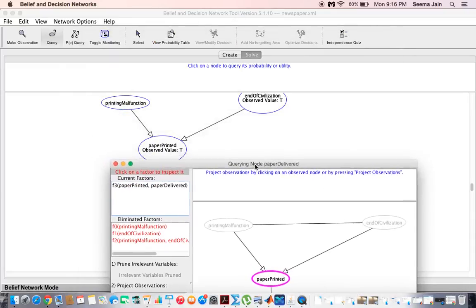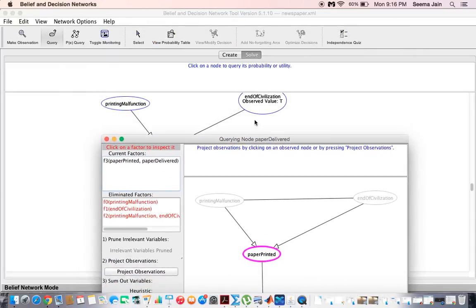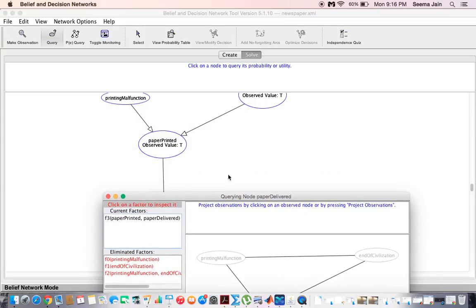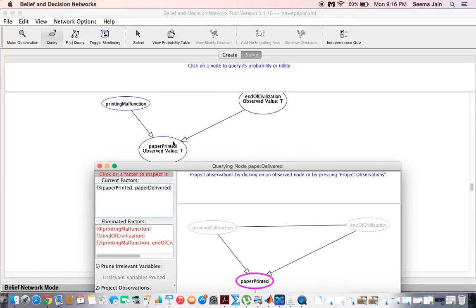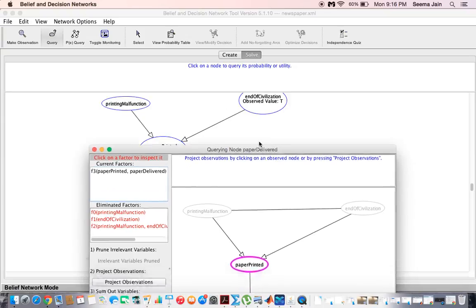So observe that even though I observed this variable, it was still not considered, because when I observe this, my network is independent of these two variables.